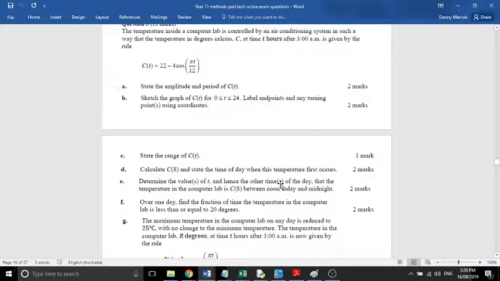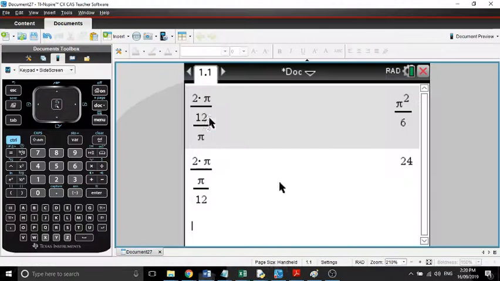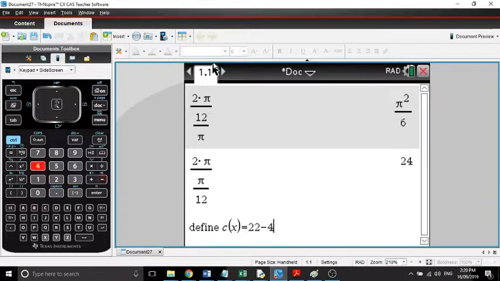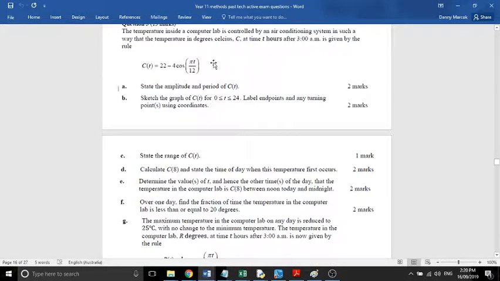Okay, so it's asking us to sketch it over that, and we're asked a bunch of questions. We're going to define that. So we'll define C of X, we'll call it, equals 22 minus 4 cos of pi times X over 12, and press enter.